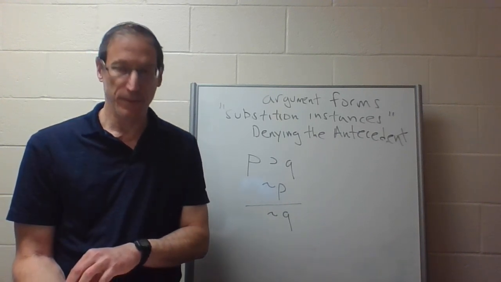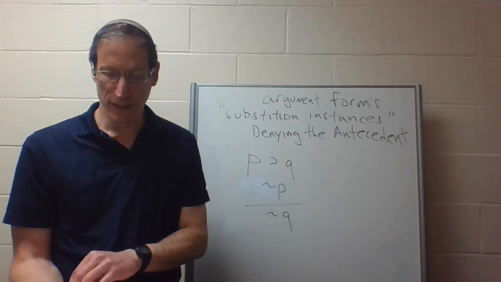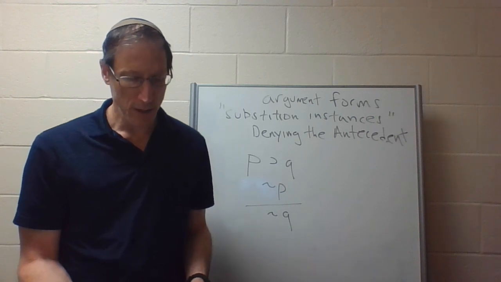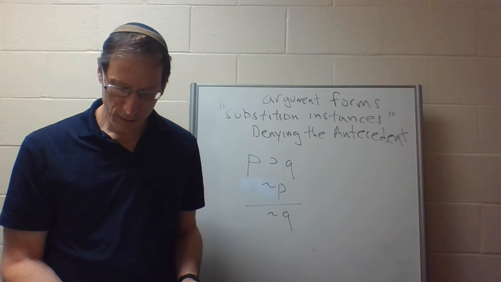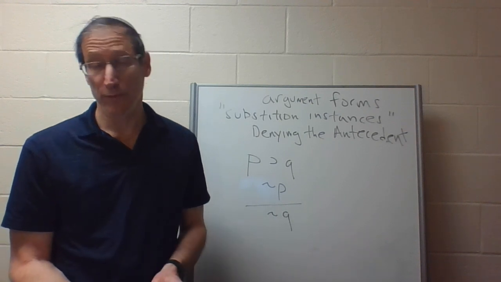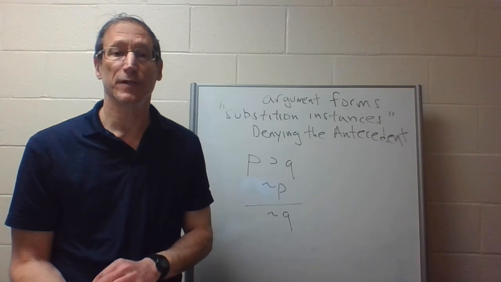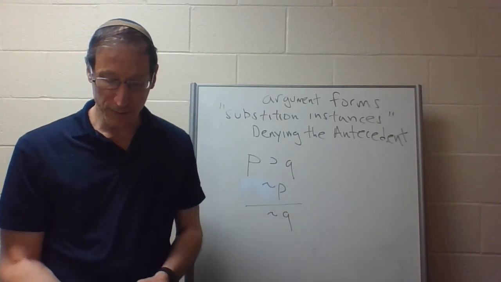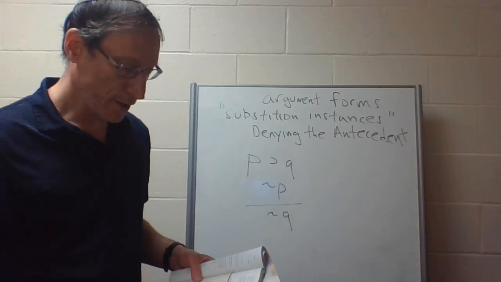There's a discussion in the book entitled "Refuting Constructive and Destructive Dilemmas." You don't have to worry about that. You should definitely read the section we're talking about, 6.6, and then you should try to do some examples from 6.6 number 1.